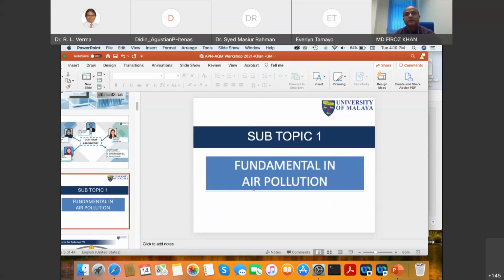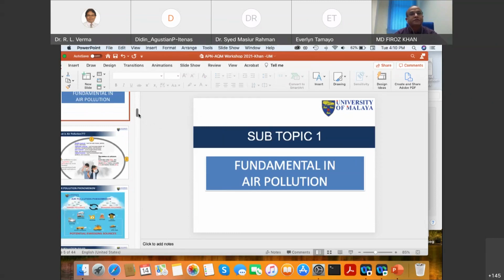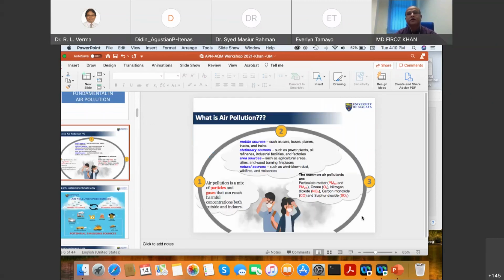And my first subtopic here is fundamentals in air pollution. Under this subtopic, I will introduce you. Let's move on with this slide, air pollution, right? I do believe everybody is familiar with the term air pollution.